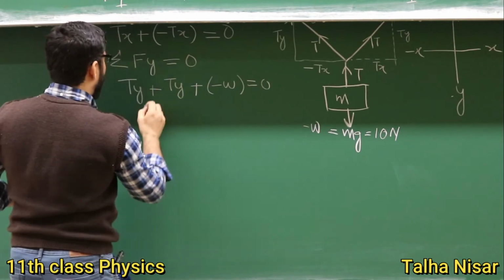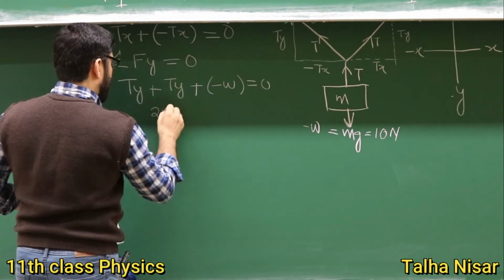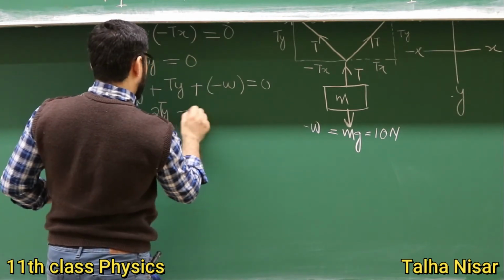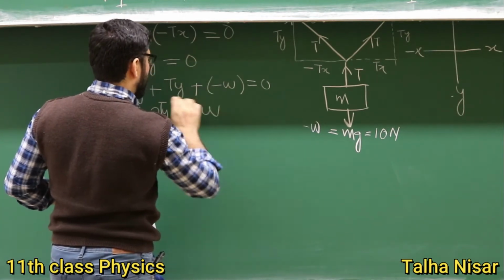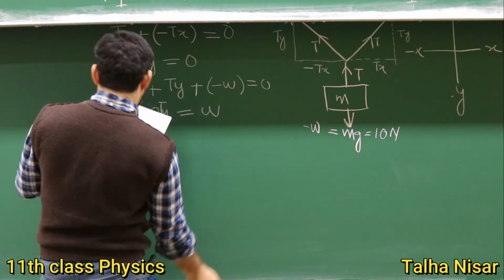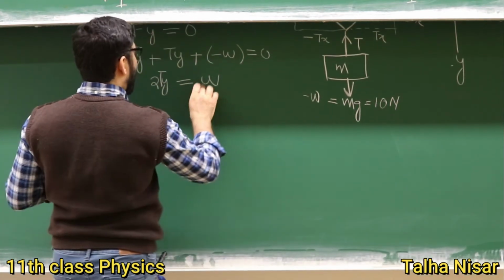So we have 2Ty equals minus W. If it goes to the other side, it will be plus.